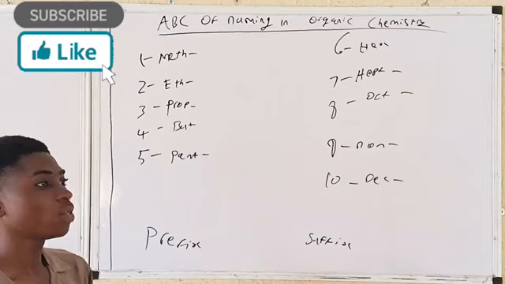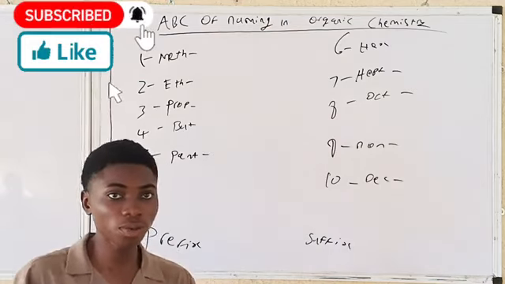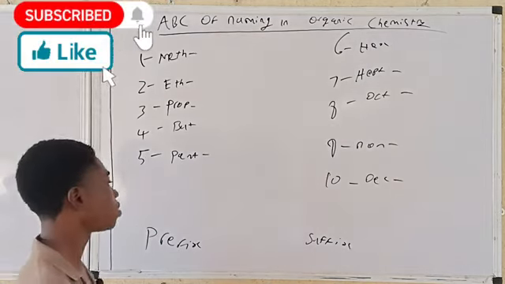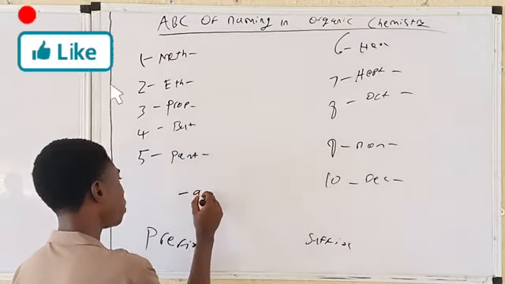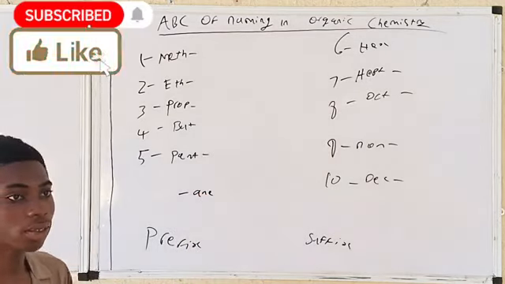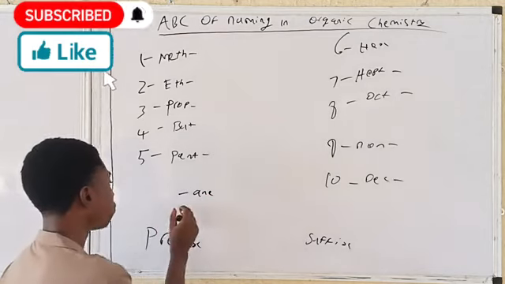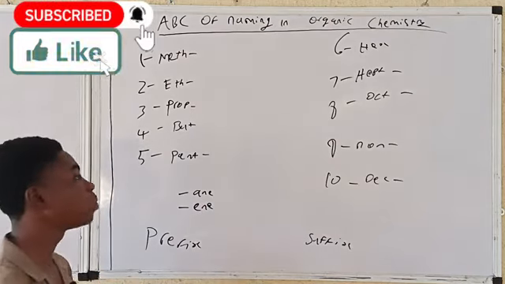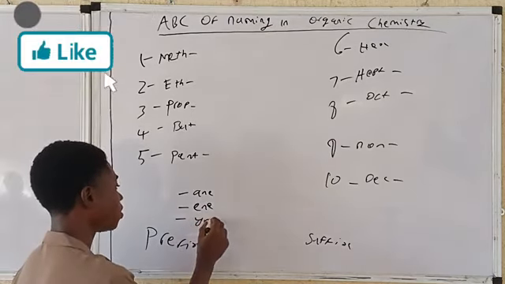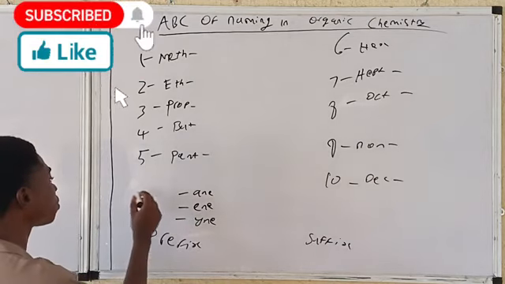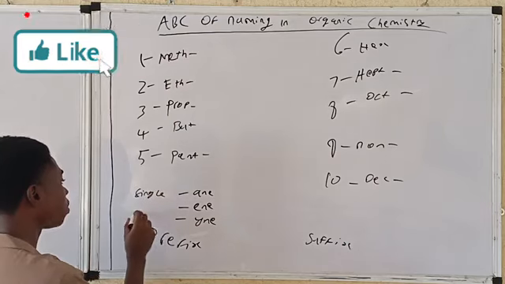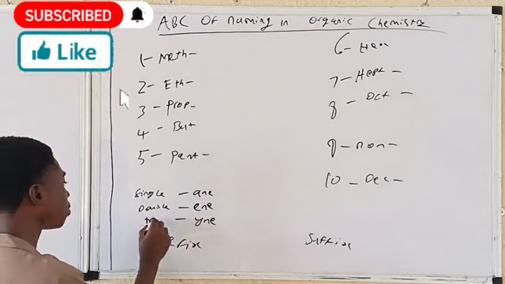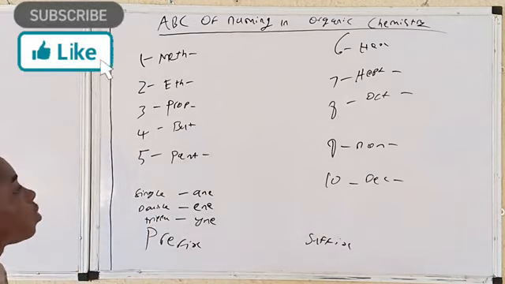If the compound has a single bond, the suffix will be ane. If it is a double bond, the suffix will be ene. While if it is a triple bond, the suffix will be yne. So this one is for single bond, this one for double bond, and this one for triple bond.